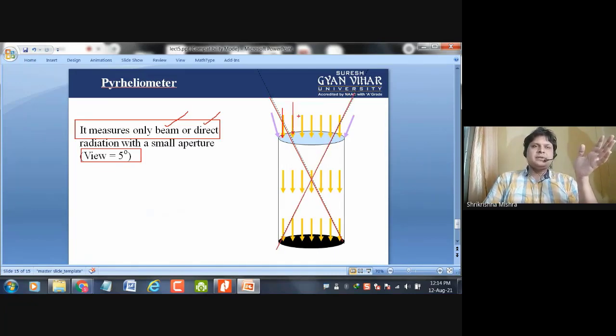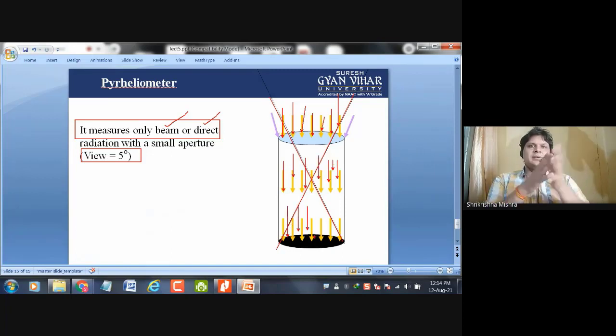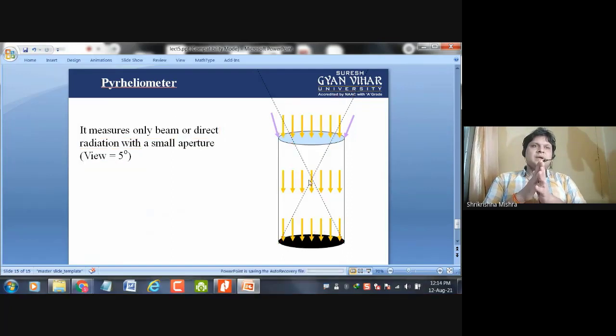All the radiations which directly strike on it are measured by it. All right, so this is your pyrheliometer.